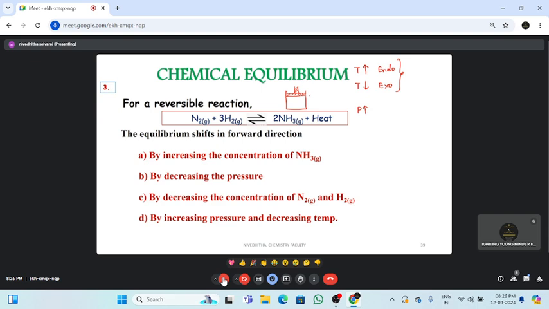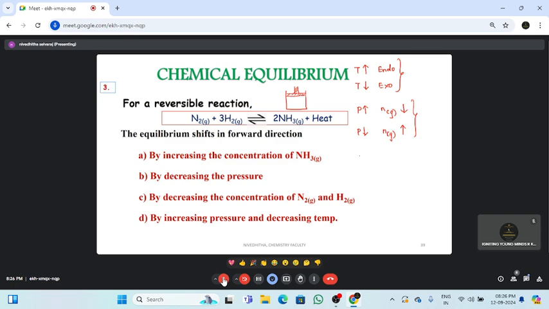So I can increase the pressure by decreasing the volume. If I increase the pressure, the reaction will move towards the side where the gaseous number of moles is less. If I decrease the pressure by increasing the volume, the reaction will move towards the direction where the gaseous number of moles is more. This is in terms of pressure.